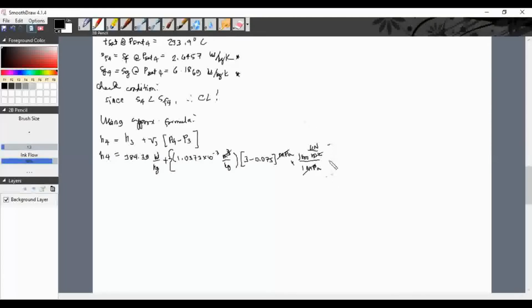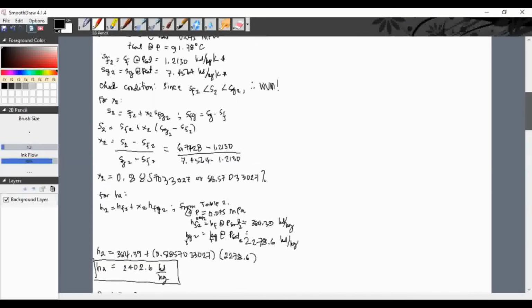So, matitirang unit natin is 1 kilonewton meter per kilogram, which is equal to 1 kilojoules per kilogram. Pwede mo na siyang i-add or i-calculate using calculator. So, H4 is 387.96 kilojoules per kilogram. So, ayan po yung ating kailangan na values.